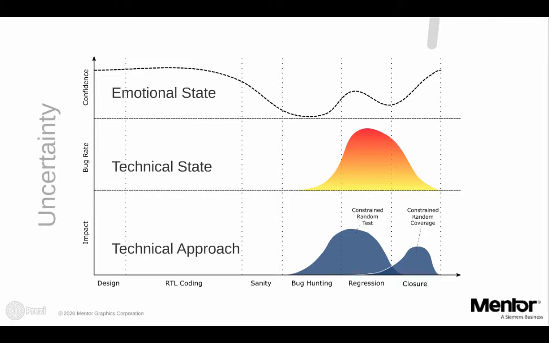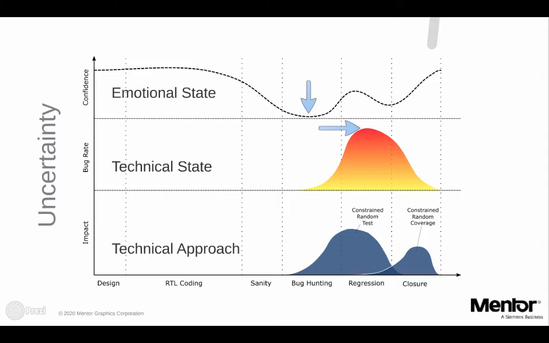So with that, we will go to our first progression, which I've labeled uncertainty. Now, this is a flow that uses constraint random exclusively. I've labeled it the uncertainty progression for a couple of different reasons. First is because constraint random's relatively long development times and the long wait to initial test results.